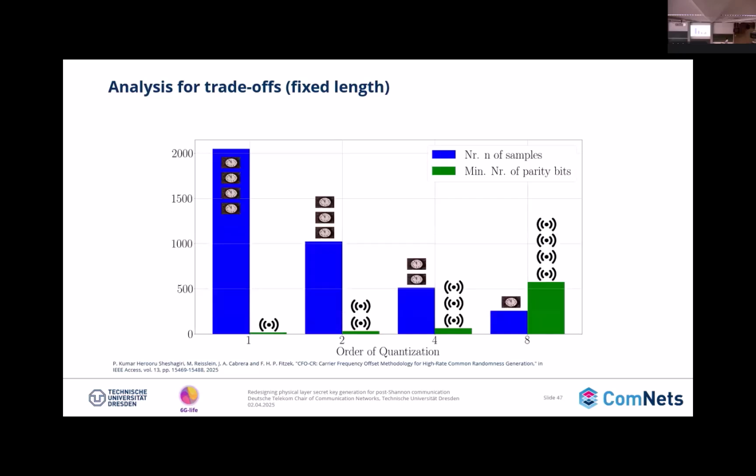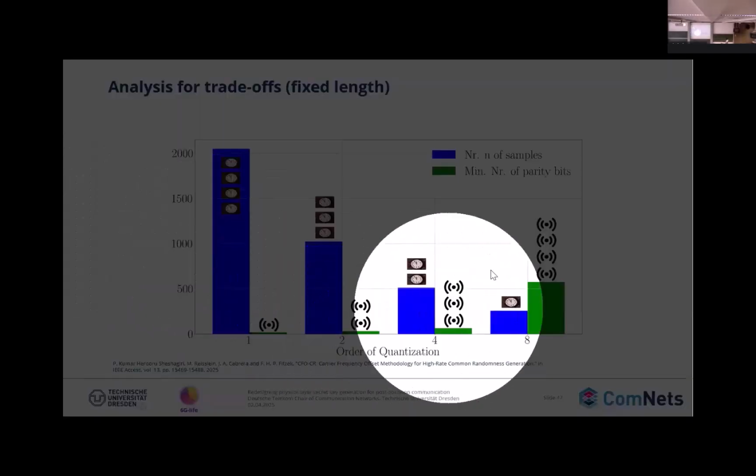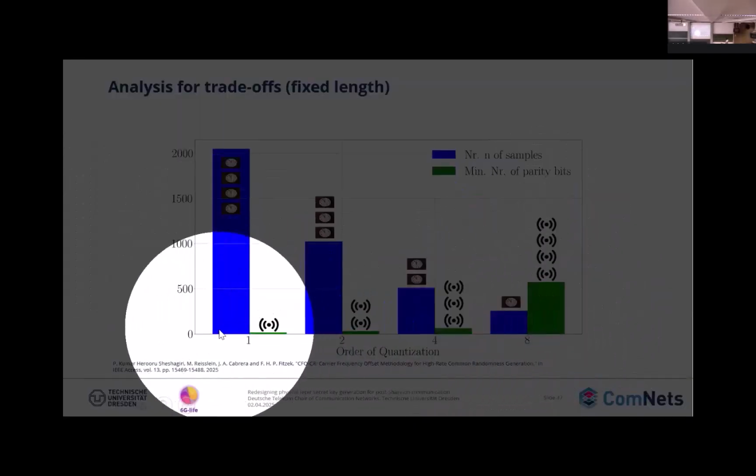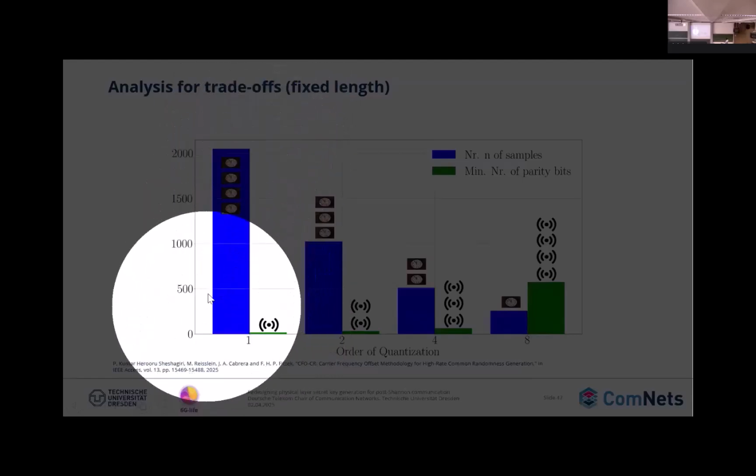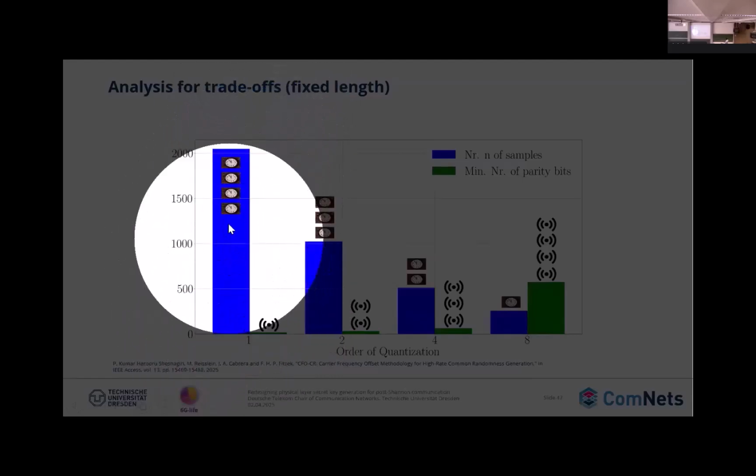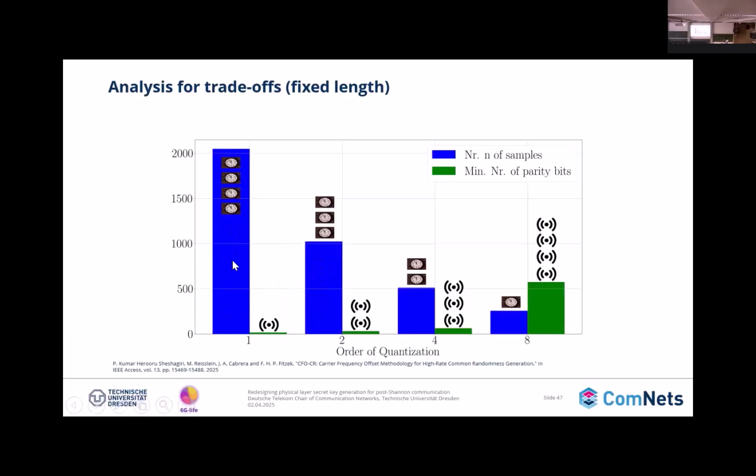And this is the result that we obtained. On the x-axis, we increased the order of quantization, and we noticed that for increased order of quantization, higher reconciliation cost had to be paid here. And here we had to sacrifice a lot of time in order to generate the same size common randomness.